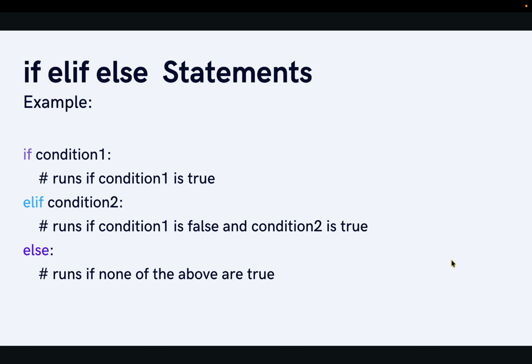You could say if condition 1, elif condition 2, elif condition 3, elif condition 4, and then if none of those are true, else. It's going to run whichever condition is true. Again, as soon as it finds a true condition, it will run whatever code is there and ignore everything else. Meaning, even if there is a true condition under that line of code, it's still not going to run it. So just keep that in mind.